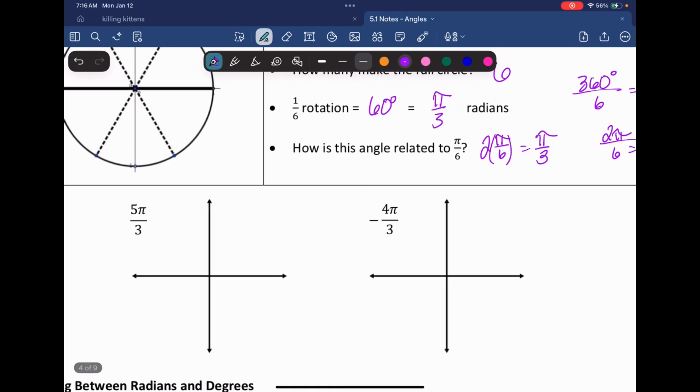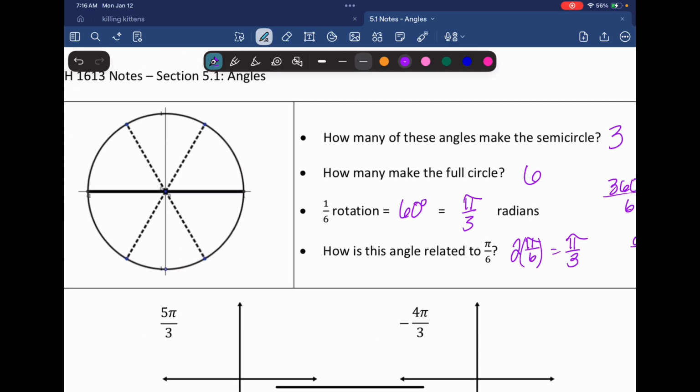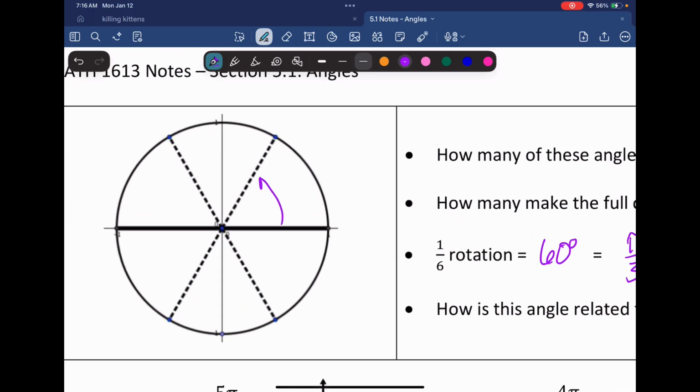And then we sketch 5 pi over 3. Actually, let's go ahead and do this. So this is 1 pi over 3. All the way around. 2 pi over 3. 3 pi over 3, which is pi. 4 pi over 3. 5 pi over 3.